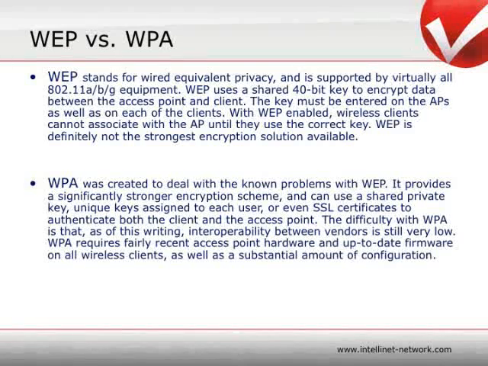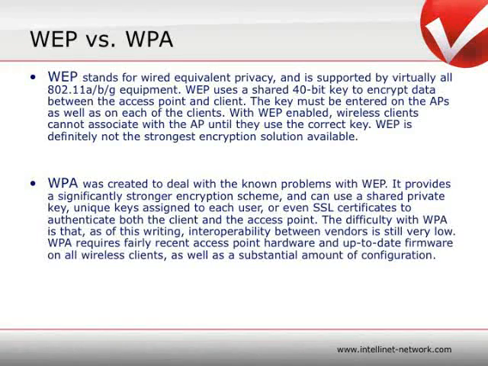The difficulty with WPA is that, as of this writing, interoperability between vendors is still very low. This means that WPA encryption may work on your router or your access points. However, if you're trying to connect devices such as IP cameras and other wireless devices, they may not be able to associate with the access point using WPA.